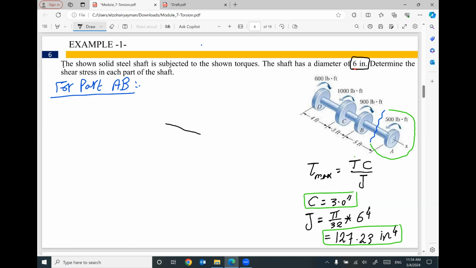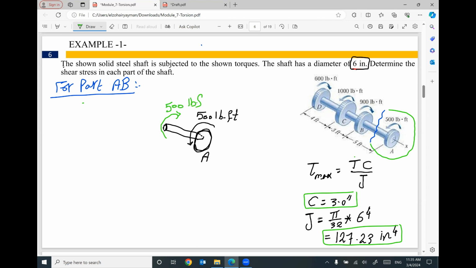So here is the right part, I did cut here, and here we have this circle at A. And we have applied torque here equal 500 pound-foot. For equilibrium, at your cut, we must have the same value of torque but in opposite direction to be in equilibrium.